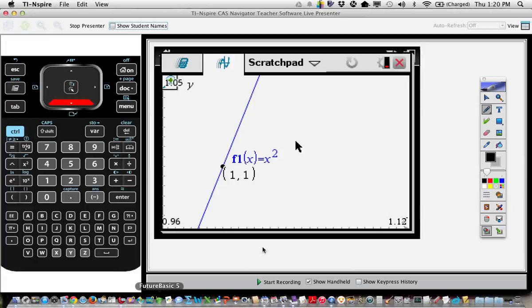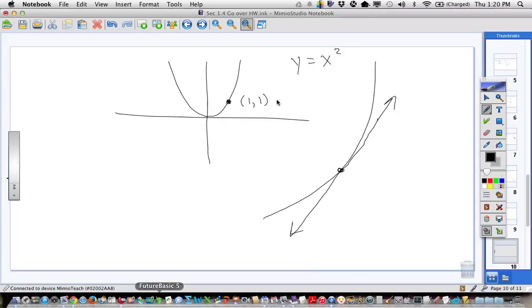Here's the concept I want you to get. What we have done is zoom in so that on our screen we are only looking at this little piece of the parabola, right?